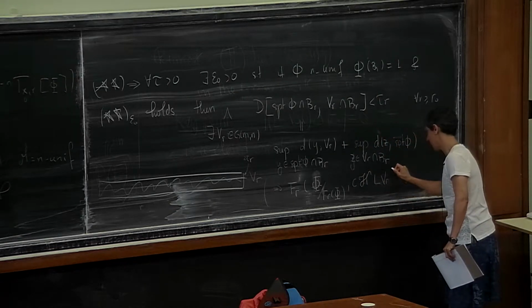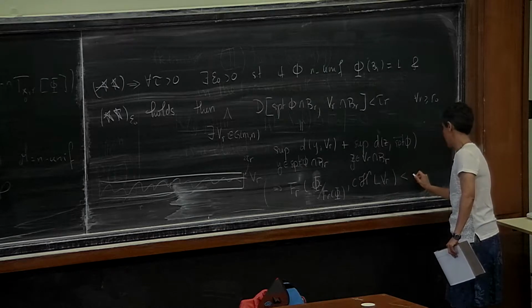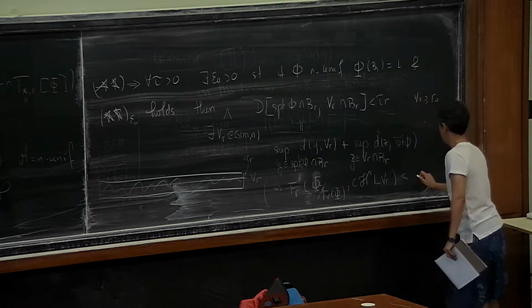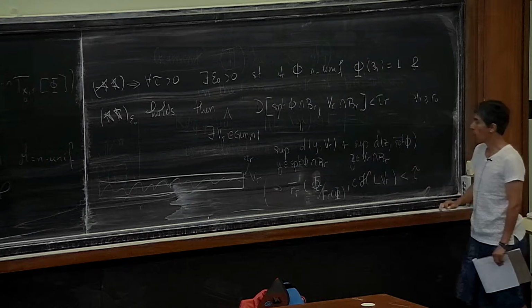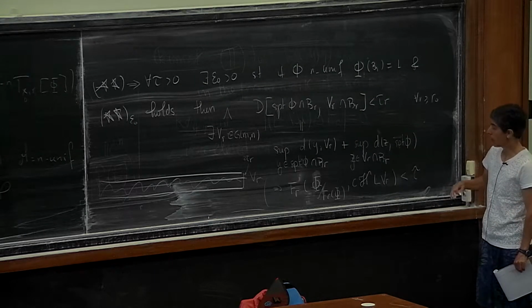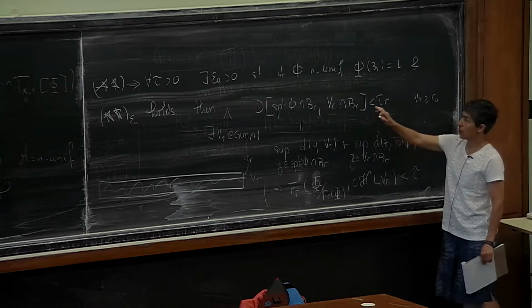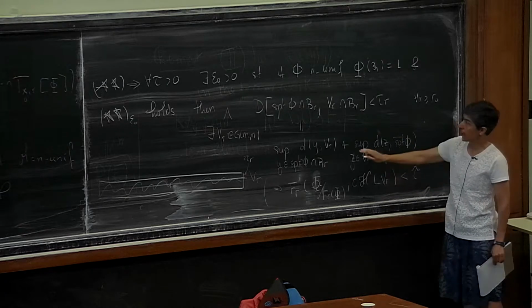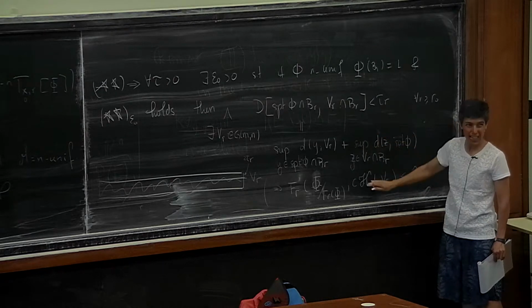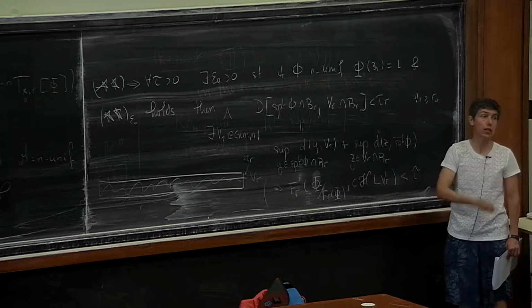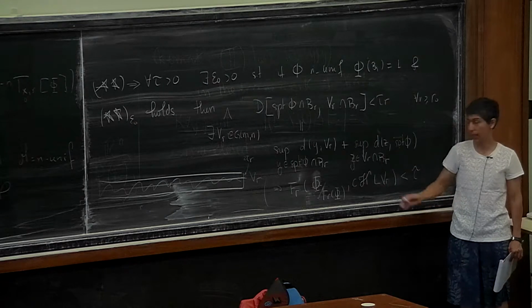I'm not going to write it all out. What do I want to say? I want to say that by choosing epsilon 0 small enough, not only can we make this small, but the same argument, meaning you do another contradiction argument and so on, gets you this.